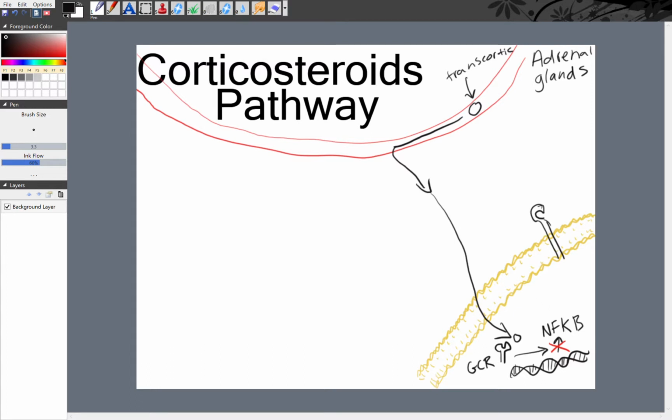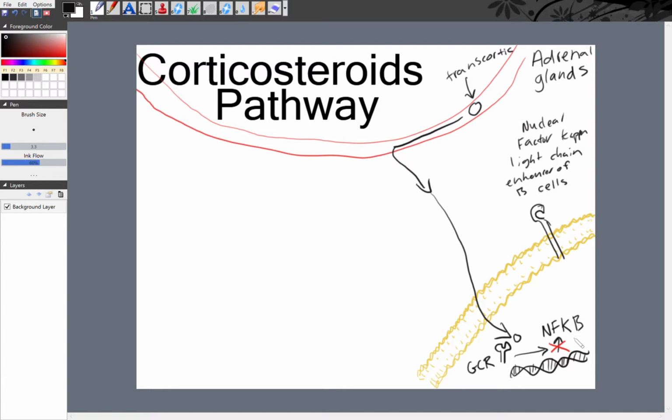I'm just going to write it over here if you don't mind. Nuclear factor kappa light chain enhancer of B cells.